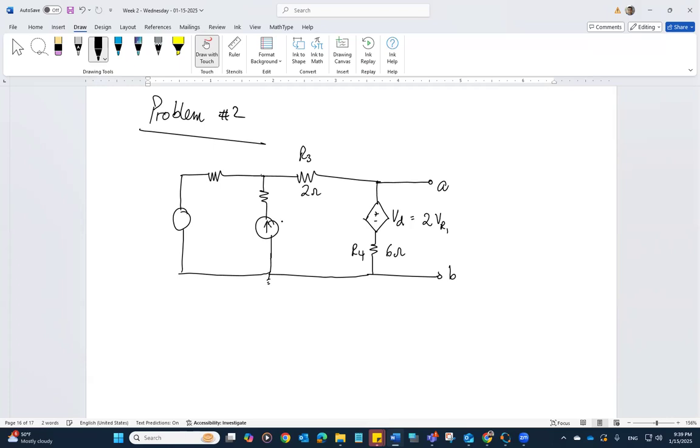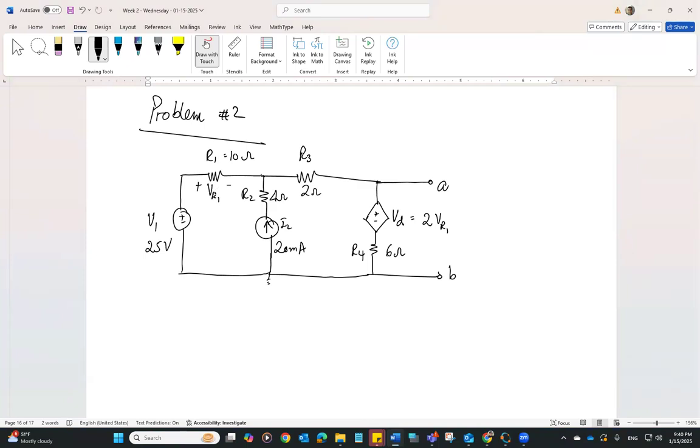This is the current source I2 with the value 20 milliampere. And this is R2, the value of 4 ohm. And this is R1, on which your dependent source is depending, basically. This is VR1. And this is our input voltage source, independent voltage source, 25 volt.